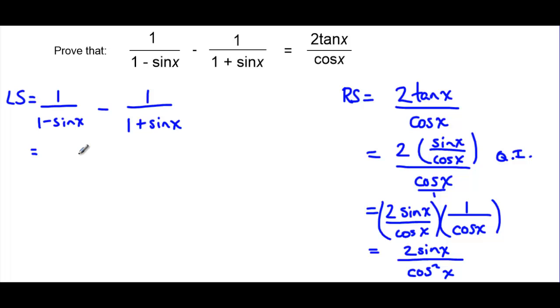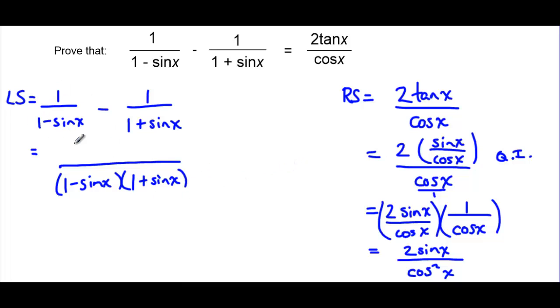And when we did our simplifying rational expressions, we knew that to subtract fractions with different denominators, we needed a common denominator that had both denominators as factors. So our common denominator is going to be 1 minus sine x as one factor, and 1 plus sine x as the other factor.